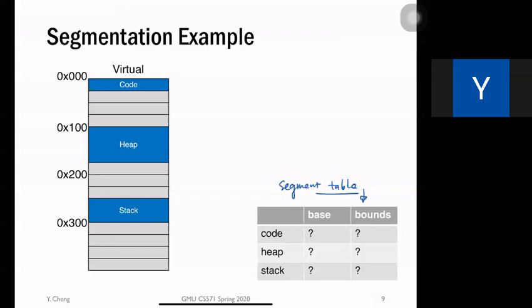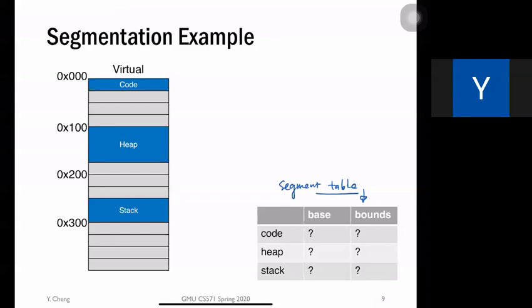So this table in this particular example has 3 elements associated with those 3 memory segments: code, heap, and stack. And each memory segment keeps track of 2 basic pieces of information. The first one is the base, and the second one is the bounds, right?